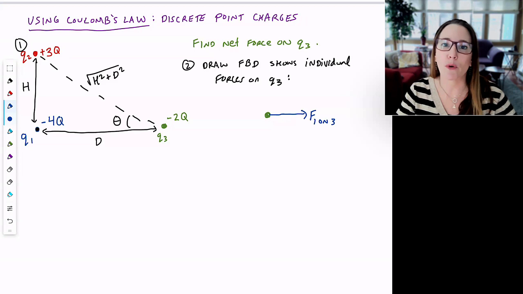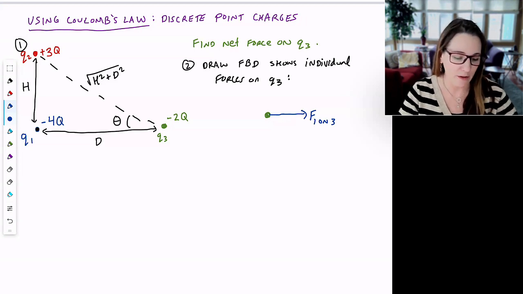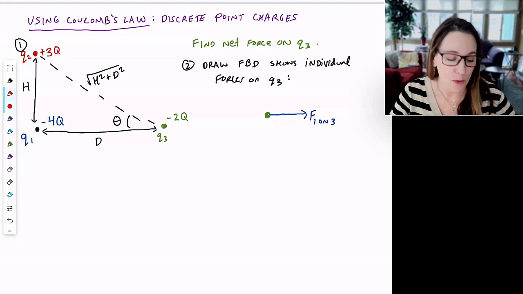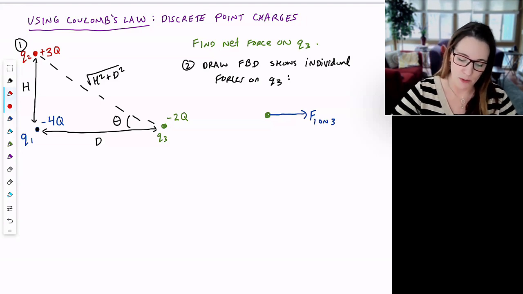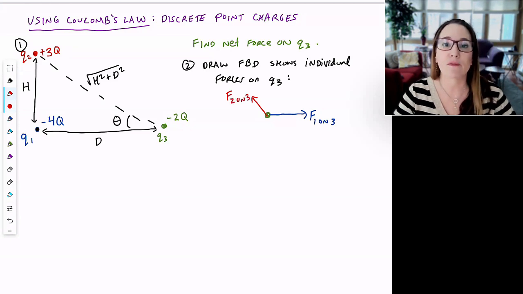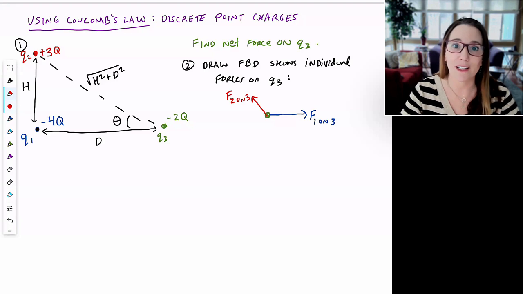That one's going to point directly away because it's a repelling force. I'm then going to have an attractive force between Q2 and Q3 because Q2 is positive and Q3 is negative. So that force points from Q3 towards Q2, and that's the force that 2 exerts on 3. Those are the two vectors that I need to add.